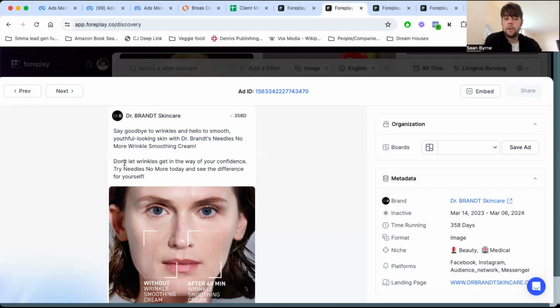So they know who they are addressing when it comes to their ad, and they know the pain points and the desired outcomes that the audience is looking for. So this is a pretty decent ad, I've got to say. It ran 358 days. So clearly that was a winner there.